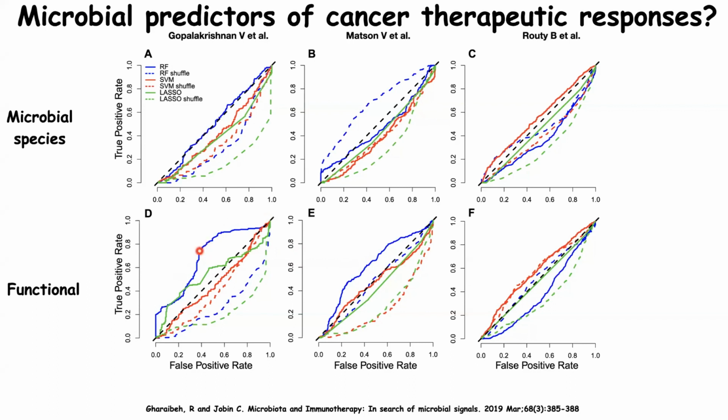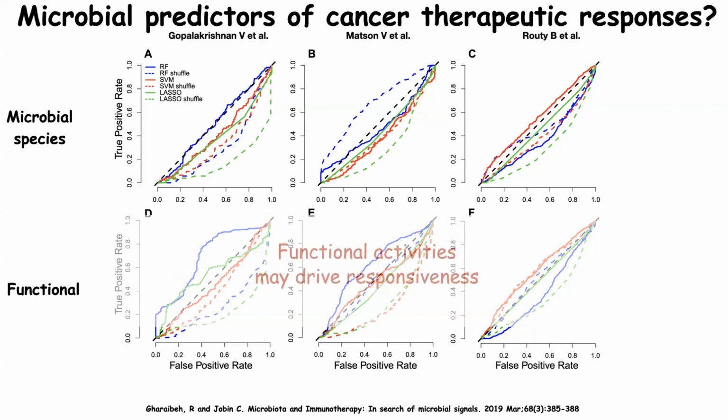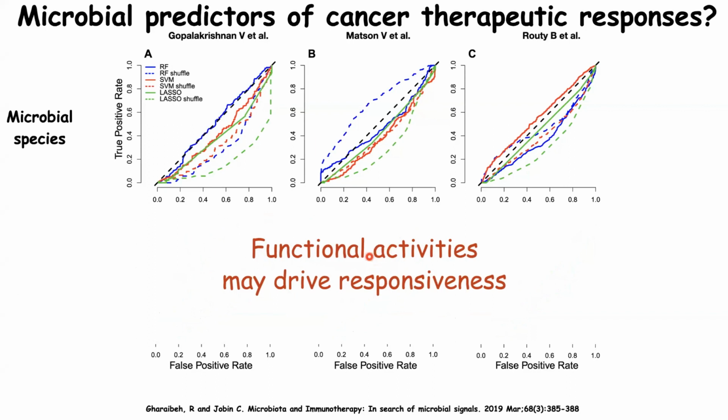It's too low to build any clinical data out of that. But it indicates that functional activities may drive responsiveness, not the specific type of microorganism, but what they do. Even if you have 2 different microorganisms, they may be inducing a similar response in the host.